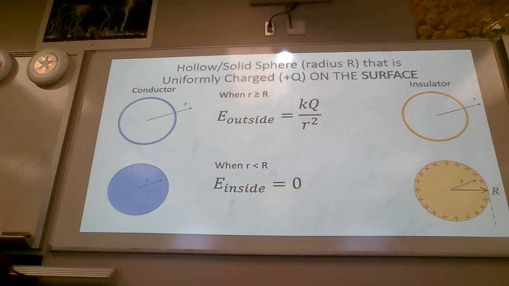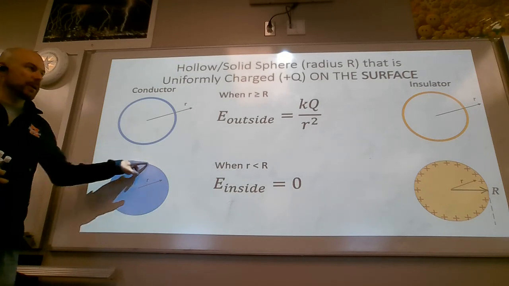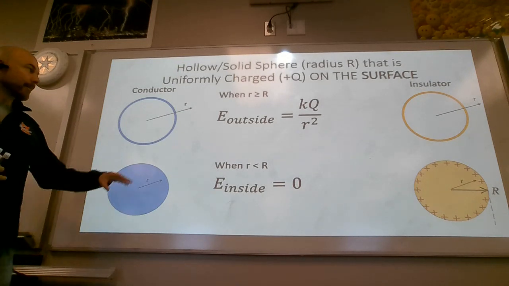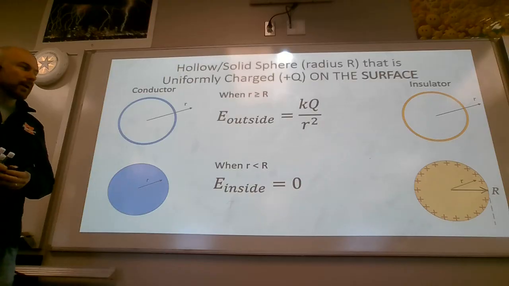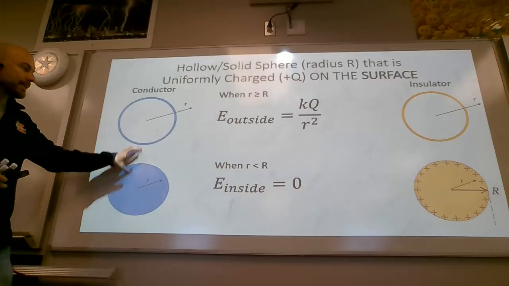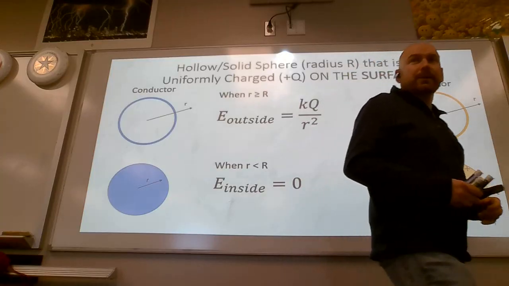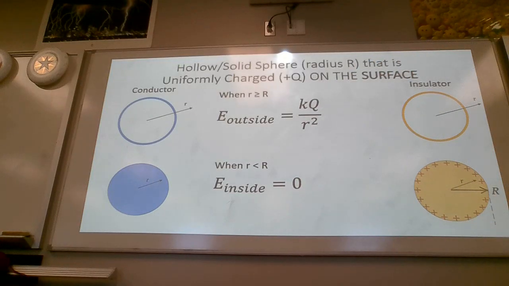All right. So, if you have a uniformly charged sphere where it's on the surface, this is okay. So on a conductor, that charge is going to go on the outside anyway. Remember the hollow planet thing. On the inside, the electric field is equal to 0 in all of these cases, from the hollow planet idea.